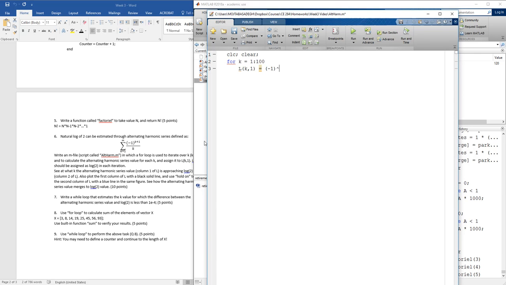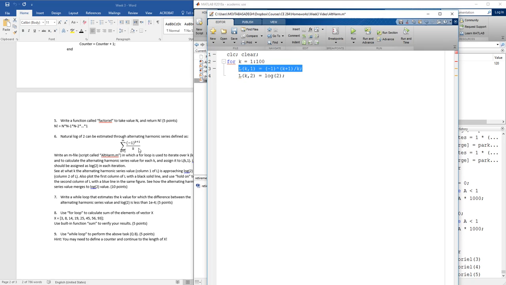Negative 1 to the power of k plus 1, and that's divided by k. And the second, this is not complete, so hold on. The second column is always log of 2. So if k is 1 now, if k is only 1, this is okay.